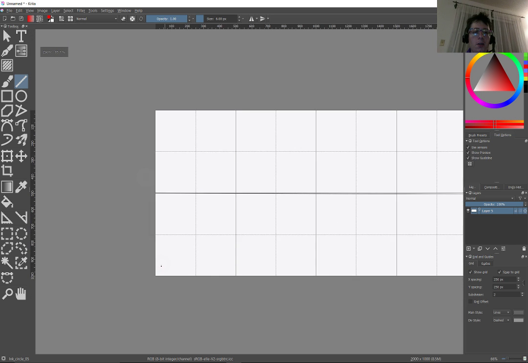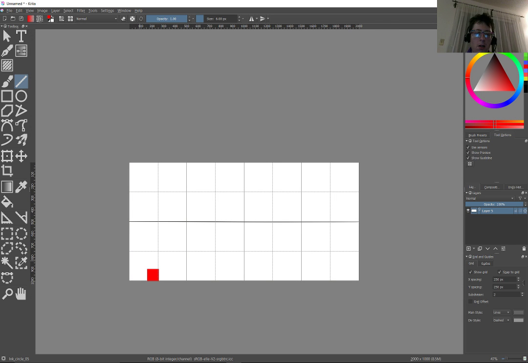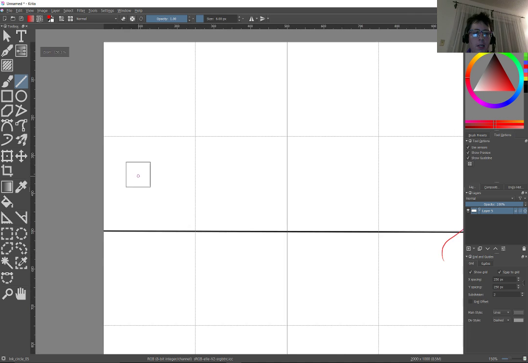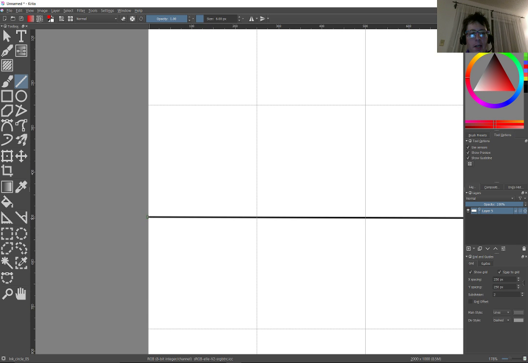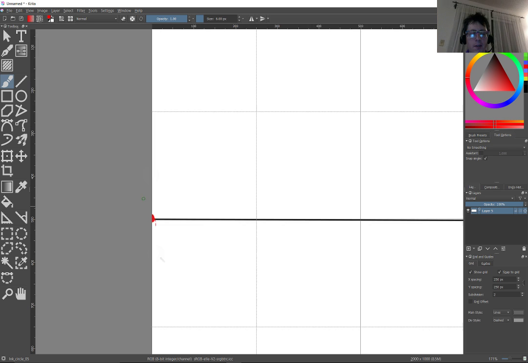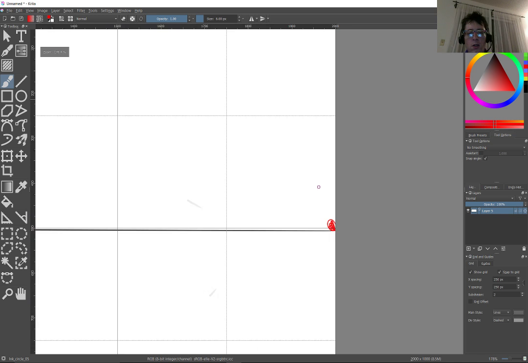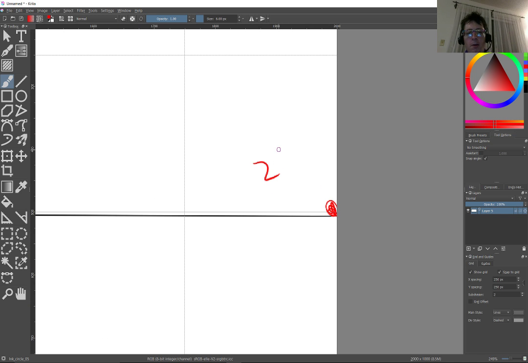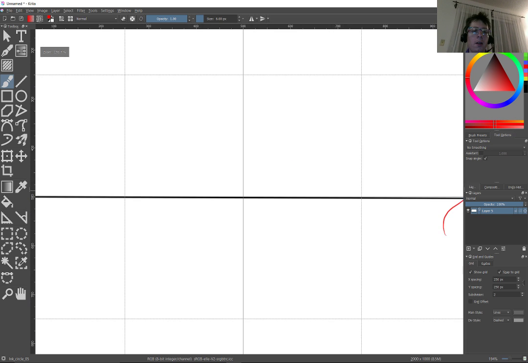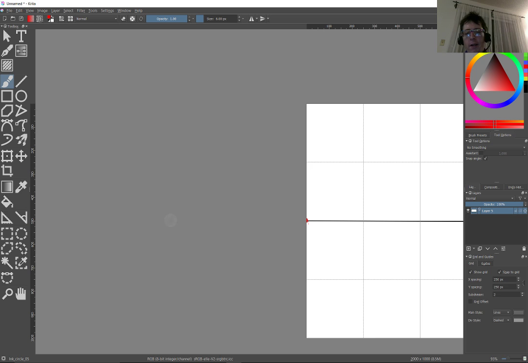But for now, we're also going to add our secondary vanishing point. So over here on the edge, I'm just going to assume that our secondary vanishing points are visible to us. I'm going to label this 2VP, which is shorthand for secondary vanishing points.